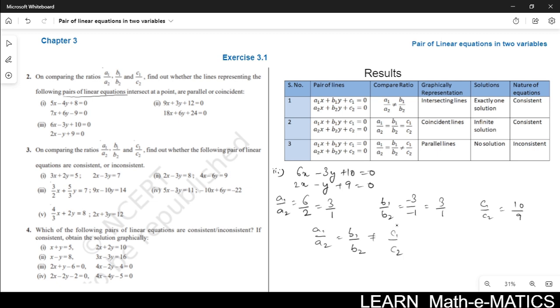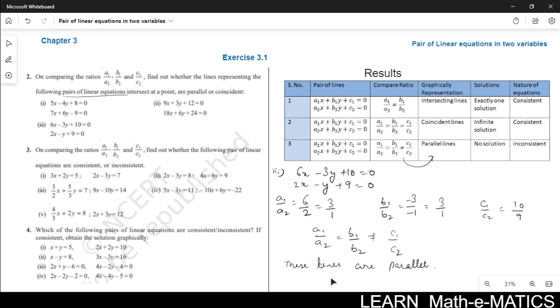This type of result shows the graphical representation of the lines is parallel, right? So these lines are parallel, right?